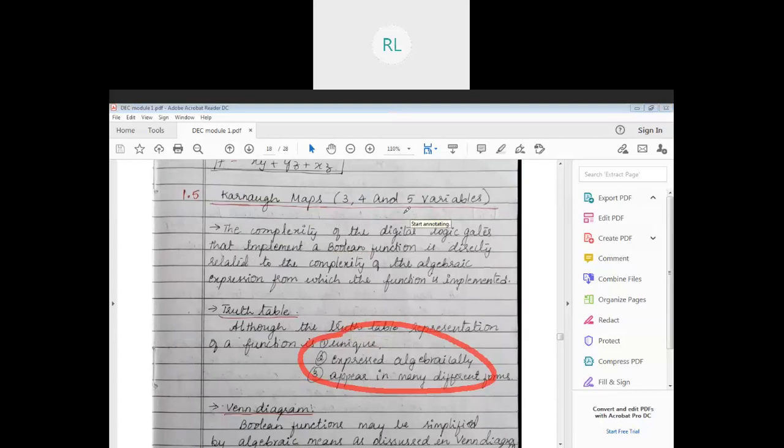Please respond. Yes. Okay, fine. Thank you so much. Right. So these three things are the properties of a truth table. The truth table representation of a function is unique, expressed algebraically, and appears in many different forms.